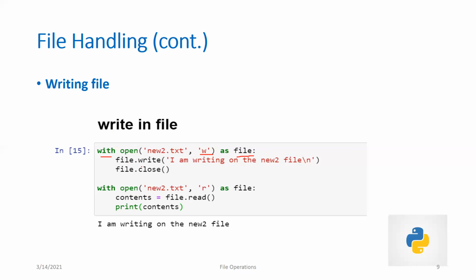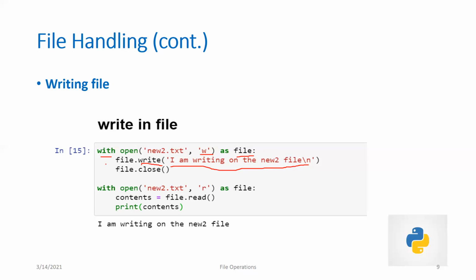So I want to write. The function of the write method is writing the same thing I mention in the parentheses. So here I am writing on the new2 file. I'm just writing a sentence and added a newline. So the newline will not be printed, but the rest of the sentence will be printed. And then I close the file.